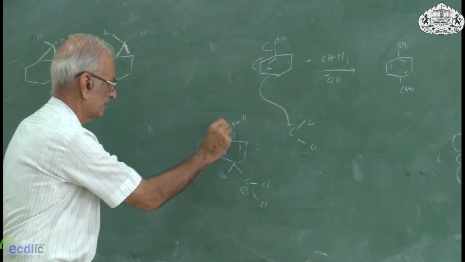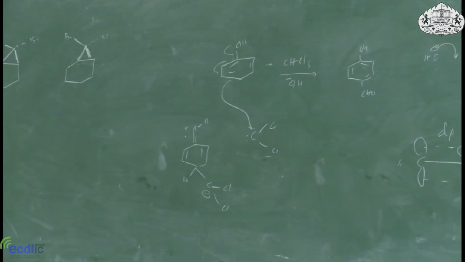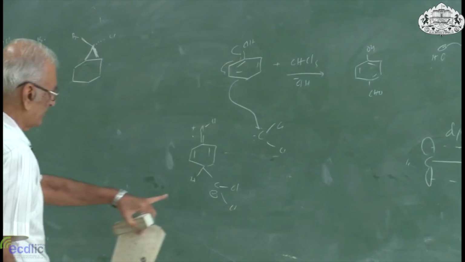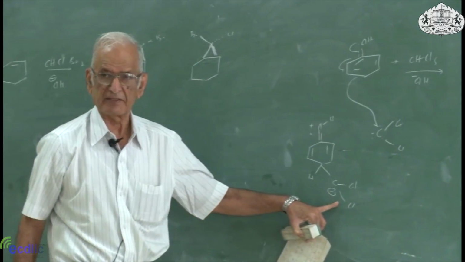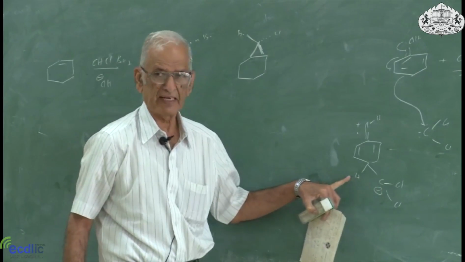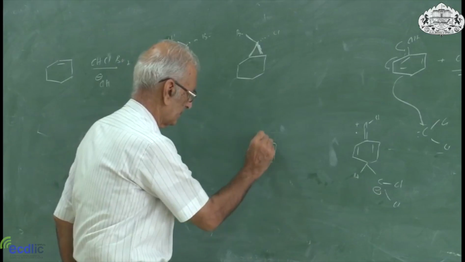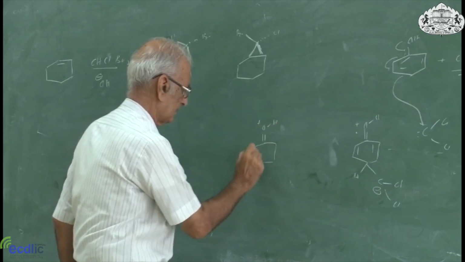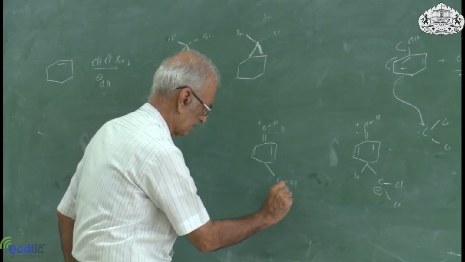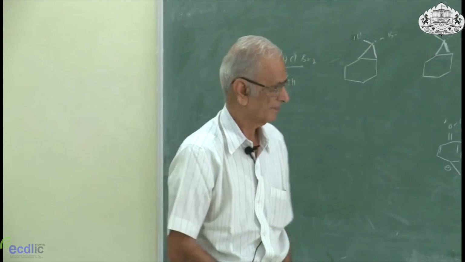So, phenol is rich in electrons, so phenol attacks this. Therefore, we get this intermediate. Now, what is next step? I shift the hydrogen from here to here. And I make the negative charge.